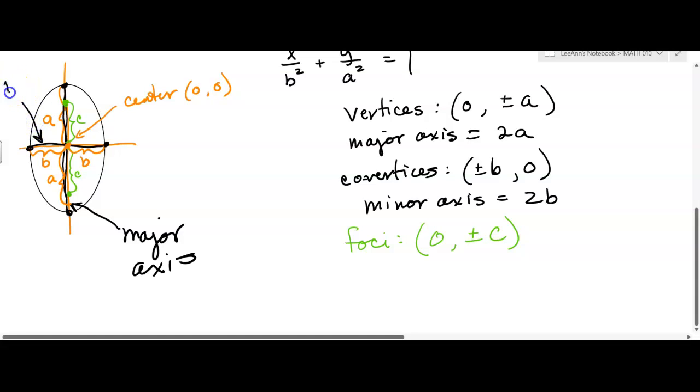Minor axis. Okay, anything else we want to know on that? I think we have it all. Oh, just the relationship: c squared is still equal to a squared minus b squared. Okay, so that's all the details for the two types of ellipse.